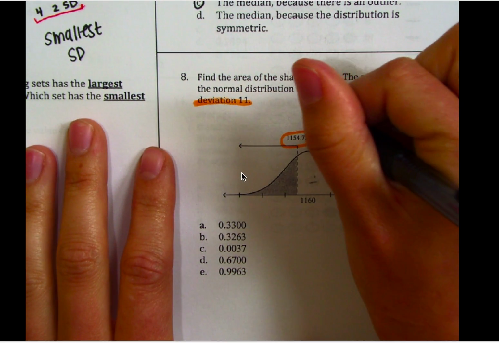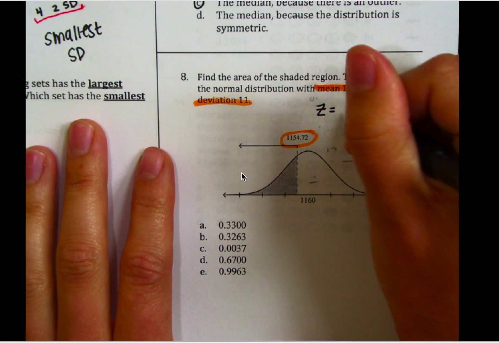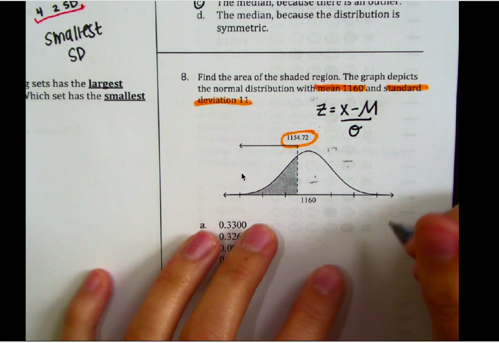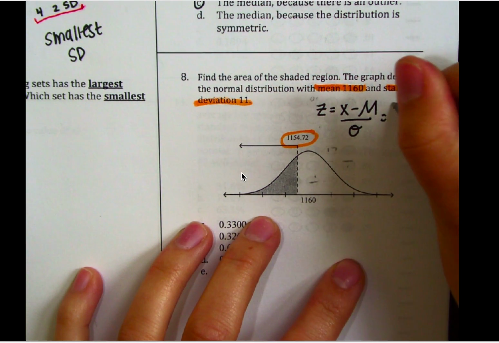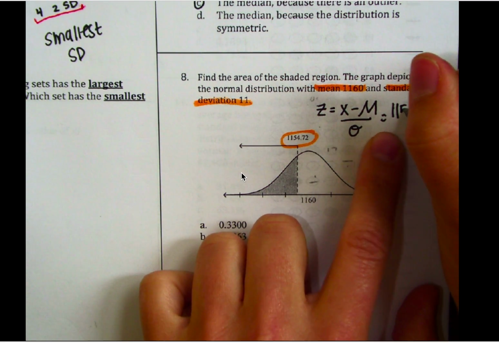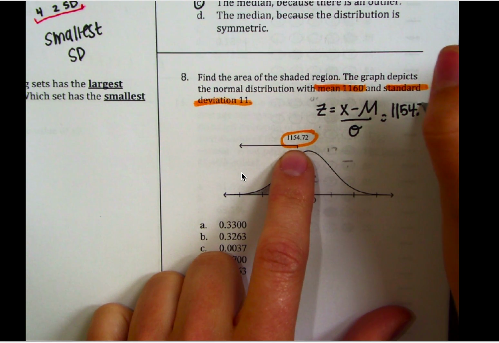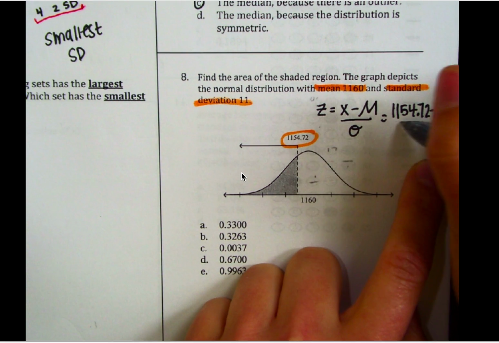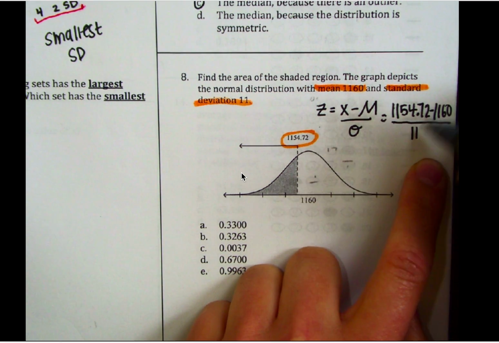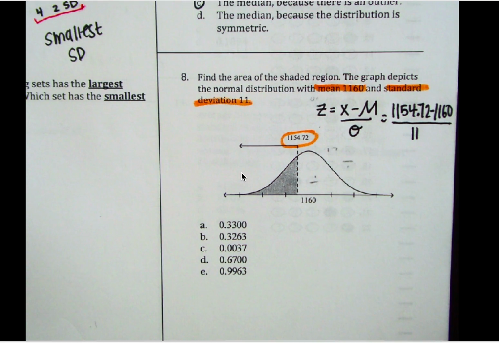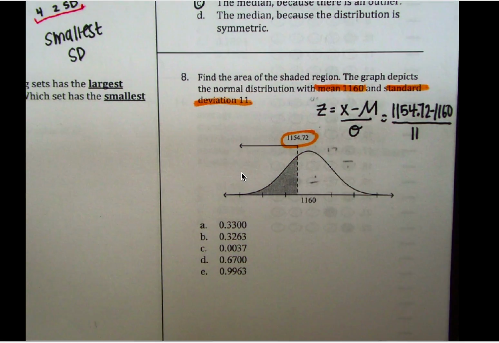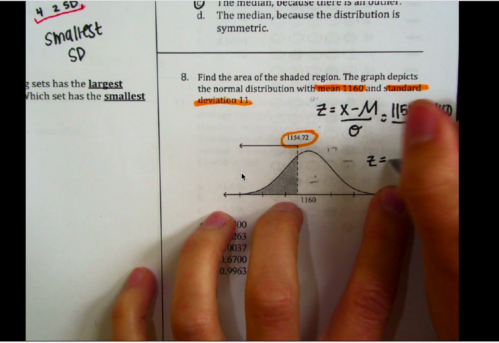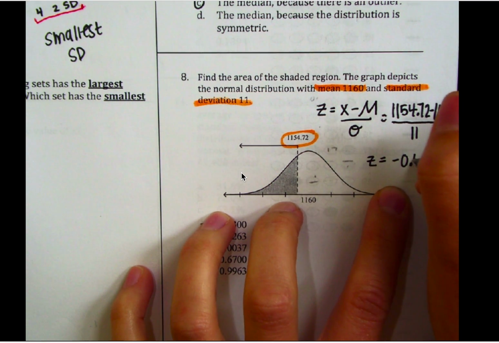So z is equal to, I'm going to write it for you guys again, value minus mean divided by standard deviation. So we have our value of 1,154.72 minus the mean, which is 1,160, divided by our standard deviation of 11. So when I put that into my calculator, I'm going to get a z-score of negative 0.48.